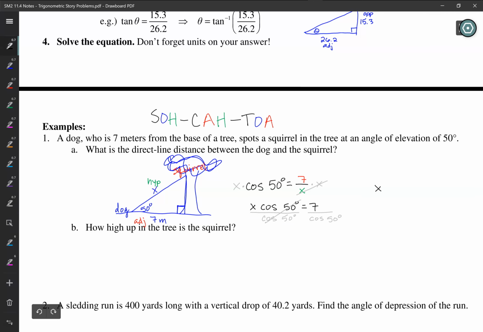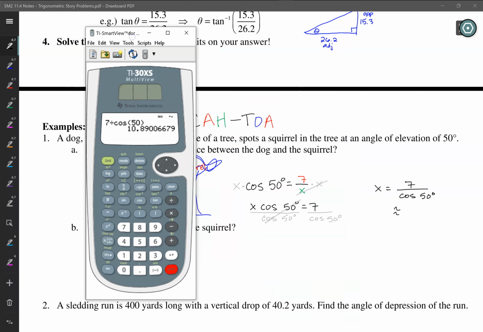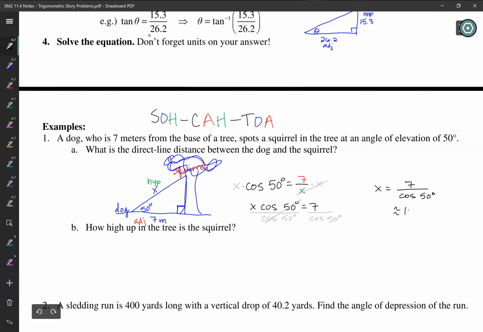So you get that x is equal to 7 over cosine of 50 degrees, which is about 10.9 meters. Make sure you check your units. I know we're always tempted to use feet on every problem, but it might be meters.